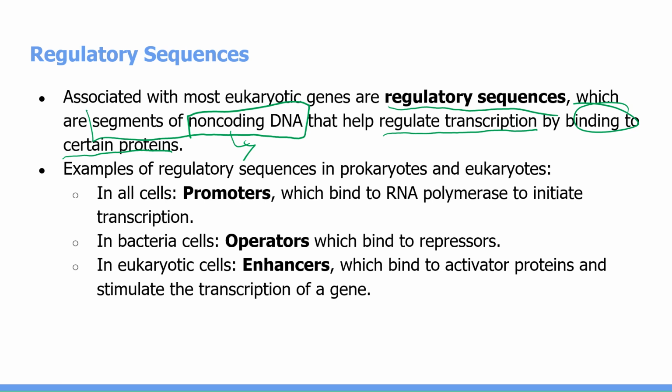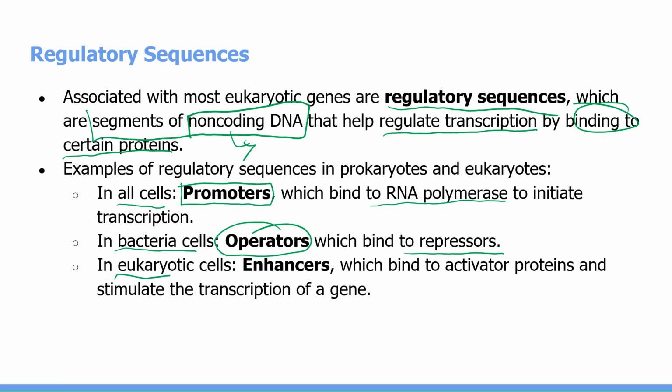So examples of the regulatory sequences in prokaryotes and eukaryotes, again, in all cells, the promoters. This is on the DNA, which helps to bind RNA polymerase in order for transcription to occur. In prokaryotes, the operators, which bind to the repressors, like we learned in the previous lesson.